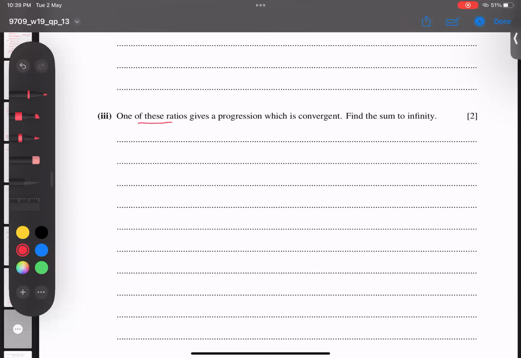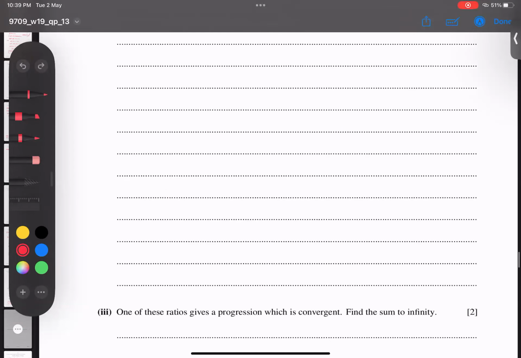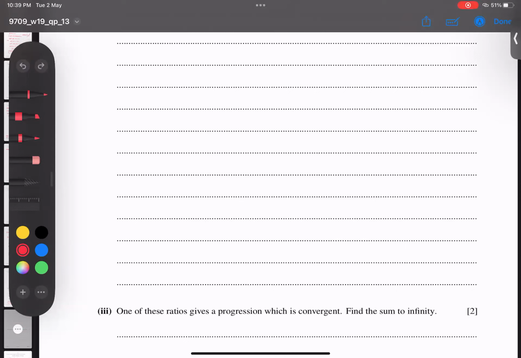One of these ratios gives a progression which is convergent, and we have to find the sum to infinity. Interesting. What is convergent? I want to deliver to you the concept of convergent and divergent. Whenever this is 0, this is 1, this is -1, let's say this is 2, and this is -2.